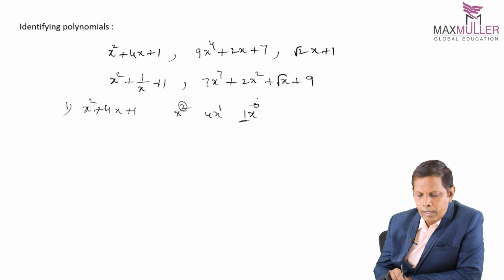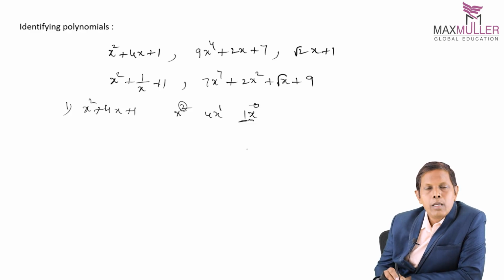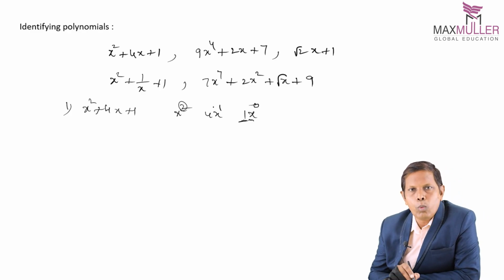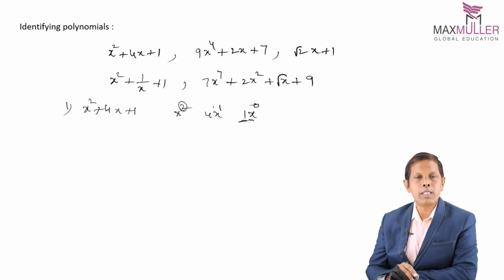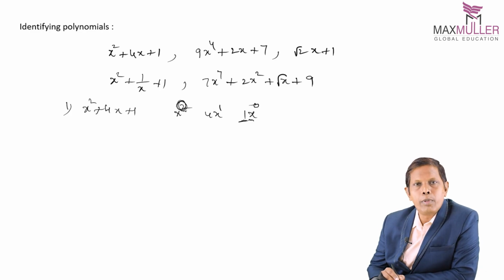Here also it is the variable x, but the power is 0, and anything to the power 0 equals 1. So the degree of a constant term is 0. The degrees are 2, 1, 0. The highest degree is said to be the degree of this given polynomial.